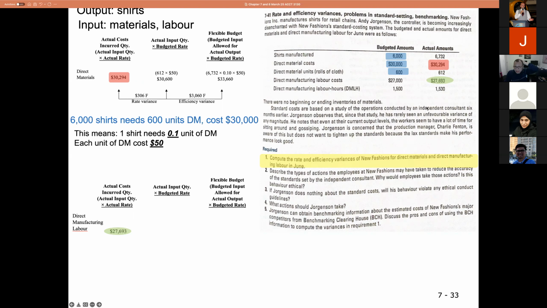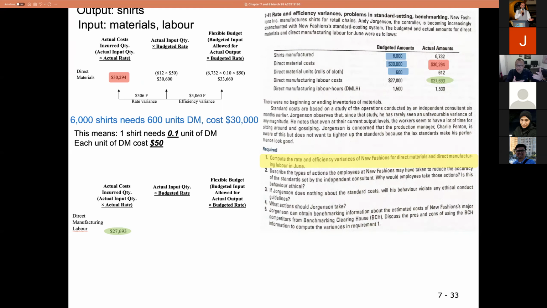Now, I have to go through this again, right? I need to know what is the input, and how many inputs for each output. How many units of input? That's the labor hours, for each output. And what is the input price?